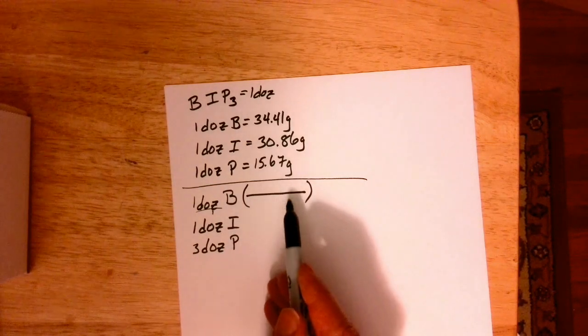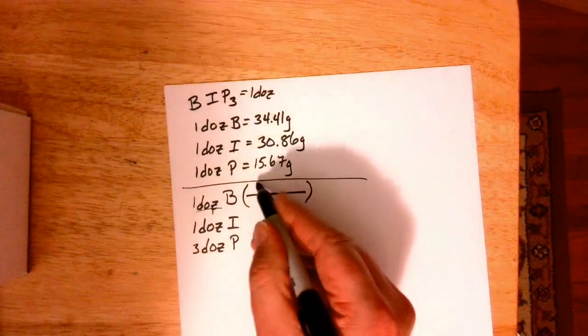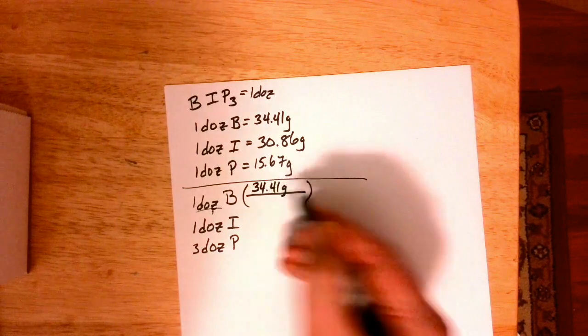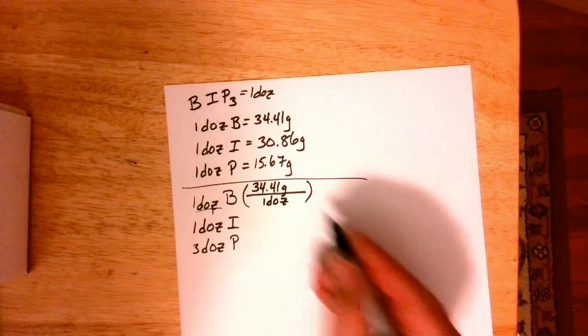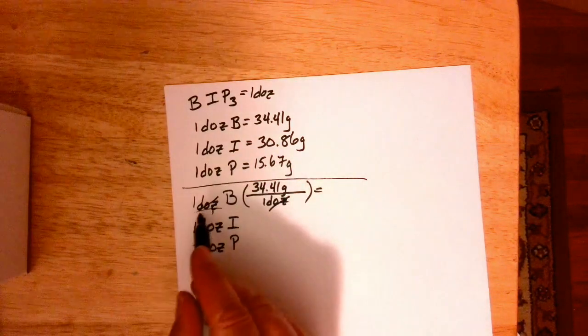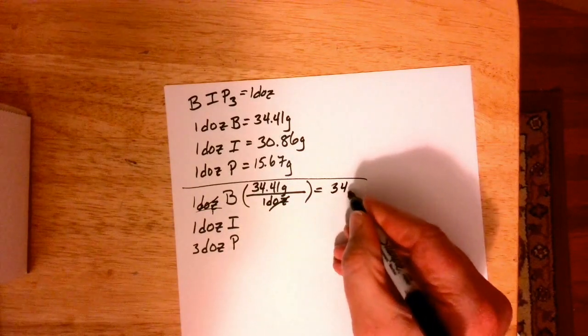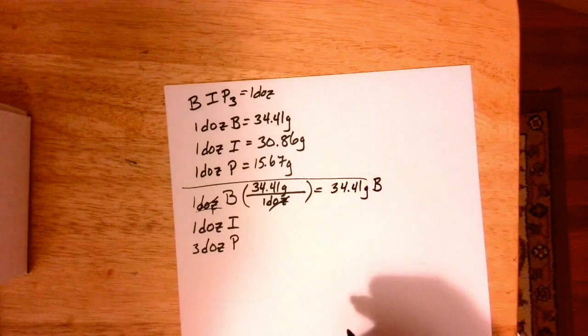Grams on the bottom would be dozen squared per gram. There's no such units. So I need grams on top. So I have 34.41 grams all over 1 dozen. Dozens will cancel out. So 1 times 34.41 gives me 34.41 grams of binder clips.